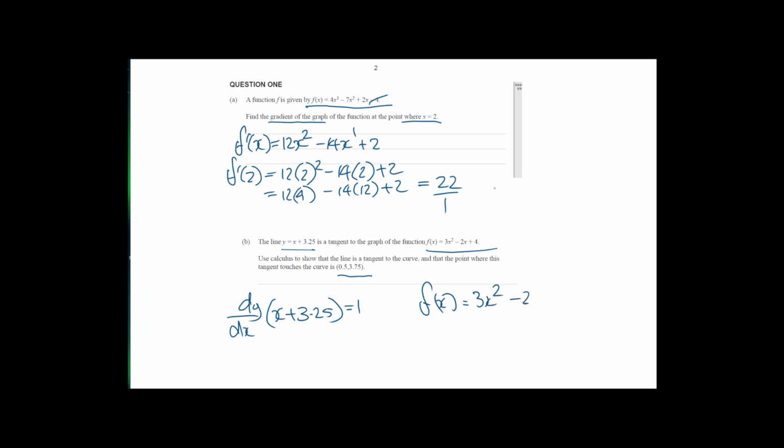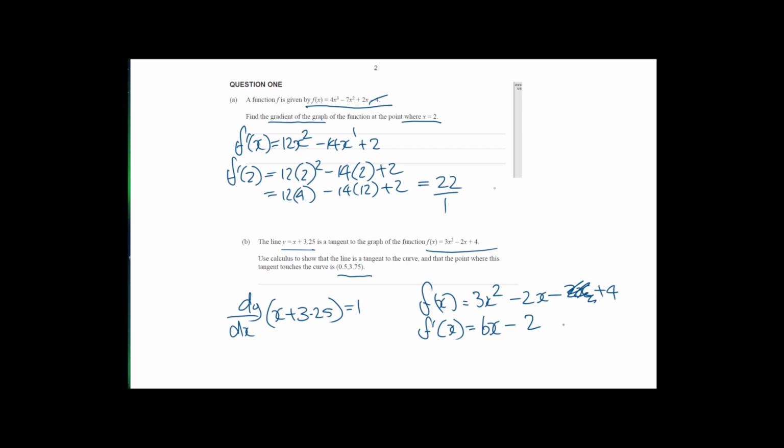I'll rewrite it all out. 6x minus 2. And yes, that's what we've got.